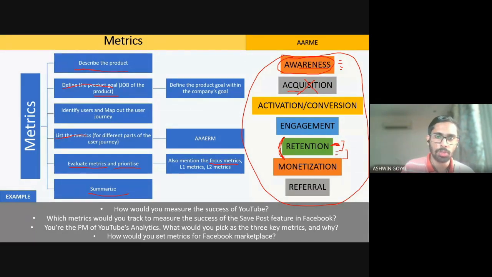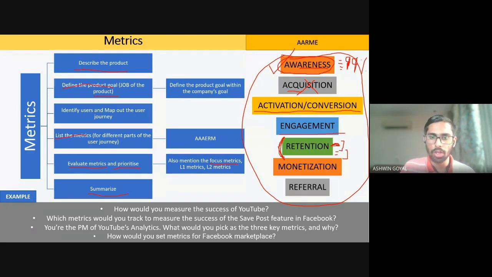No one can possibly miss Facebook stories at any cost. So about 99% of Facebook users would be aware of Facebook stories, or Insta users would be aware of Insta stories. So awareness is there. Activation conversion we've already looked at. How many people are uploading their first story?